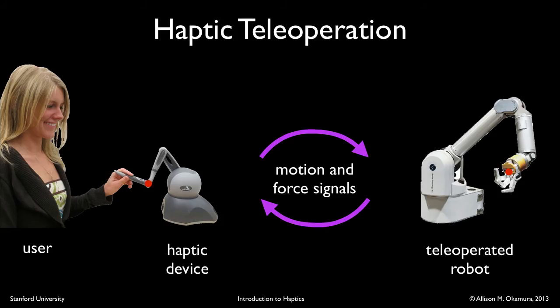Now we get on to haptic teleoperation, and we get back to Ann interacting with her Phantom Omni haptic device. What she's doing is still holding onto the haptic device whose motion is being recorded, and now that motion is being sent not to a virtual environment, but to a robot that's being controlled in the real world. And this robot is trying to follow her movements of the master.